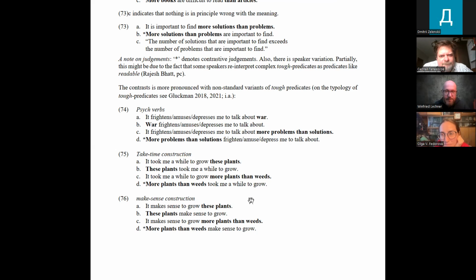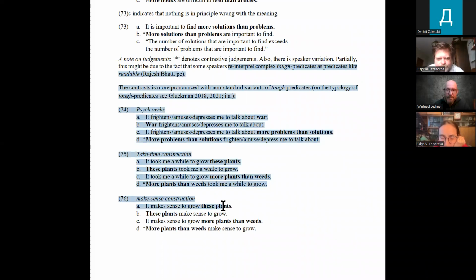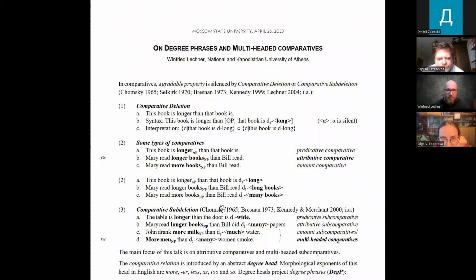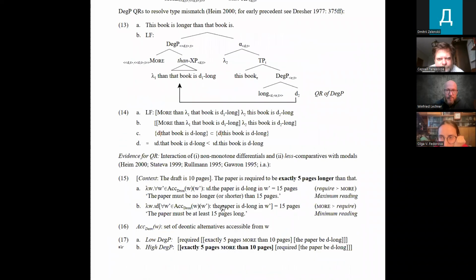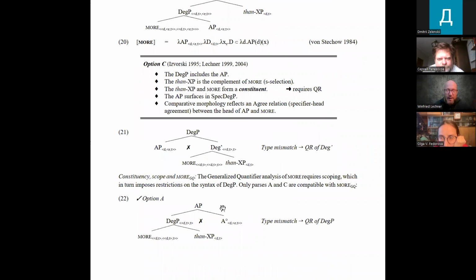Under standard assumptions on what head movement is, what lowering is, and what raising is, forms like "longer" can easily be derived under option B, can with some juggling be derived under option A, but absolutely cannot be derived under option C because neither group is the complement of the other. Right. How does head movement work?